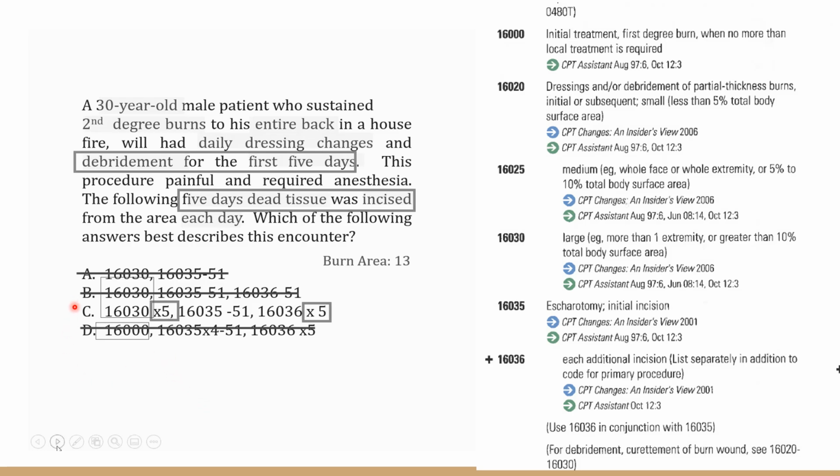So the answer C is the correct answer, because it talks about 16035 and 16036 times 5 for each additional incision, and that we will require, and that's why the correct answer will be answer C, and we will write that answer.